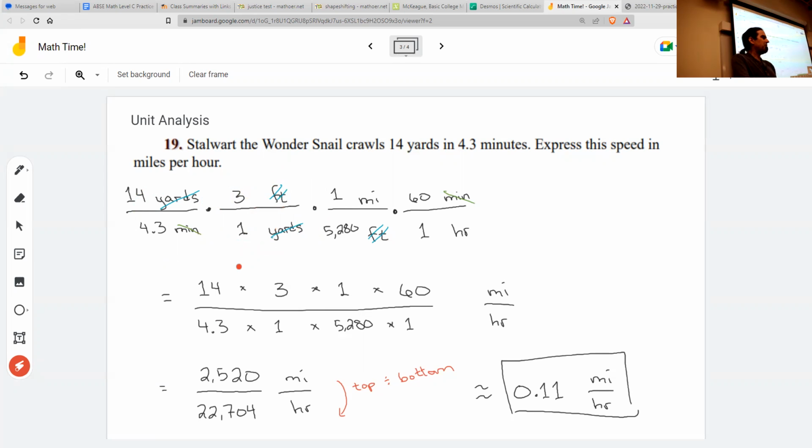Yeah, they're the same. So any fraction where the top and the bottom are the same is really just 1. All of these are actually fancy ways to write the number 1, and I'm allowed to multiply by 1. That doesn't change anything. Philosophically, that's what's happening, but you don't need to know that.